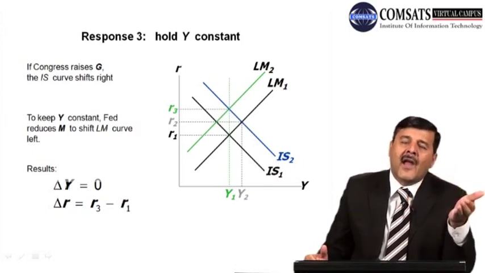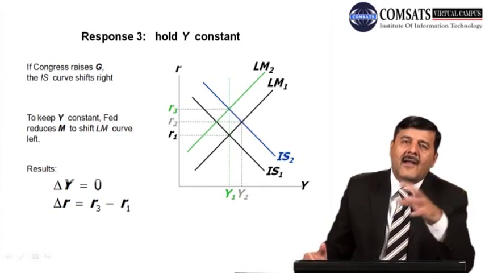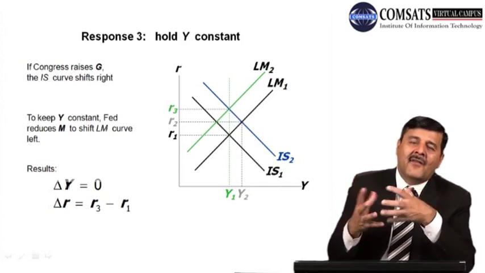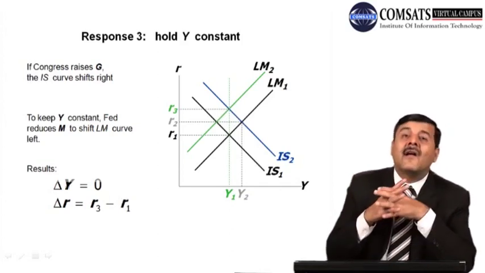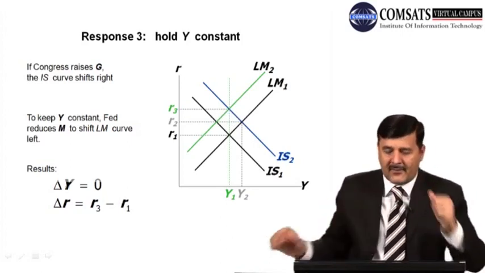Either they will hold M constant, they will hold R constant, or they can hold Y constant. In each case, the effect on the rate of interest and the level of income in the economy is different, and that is what we have seen in all of these three diagrams.